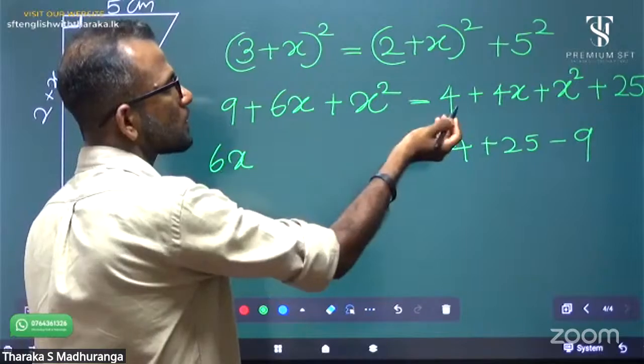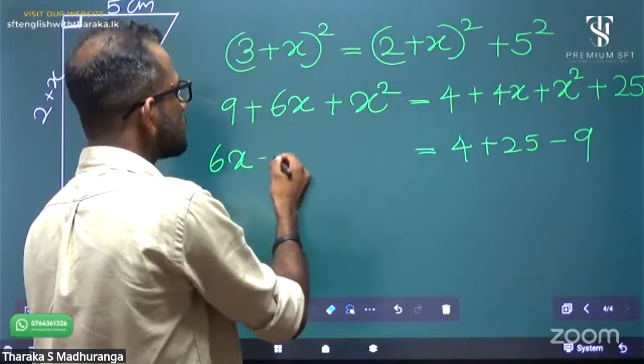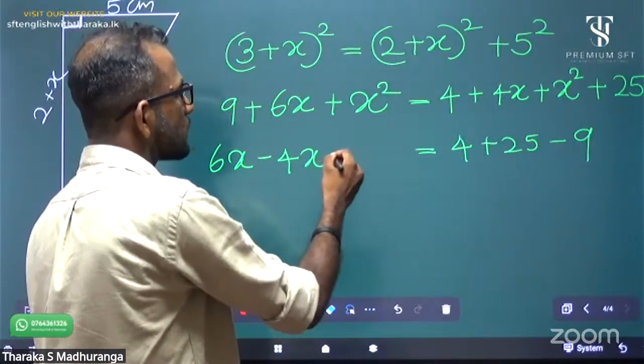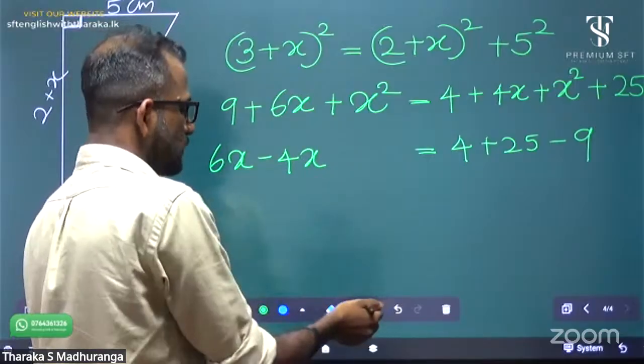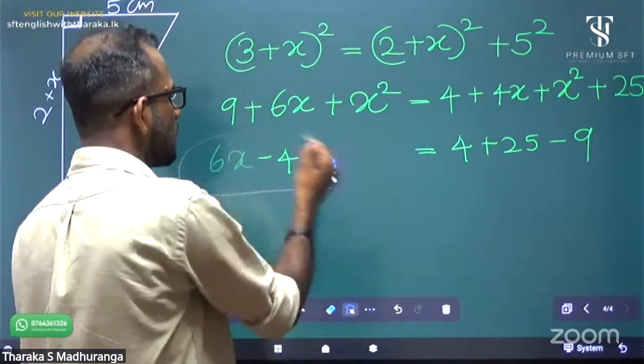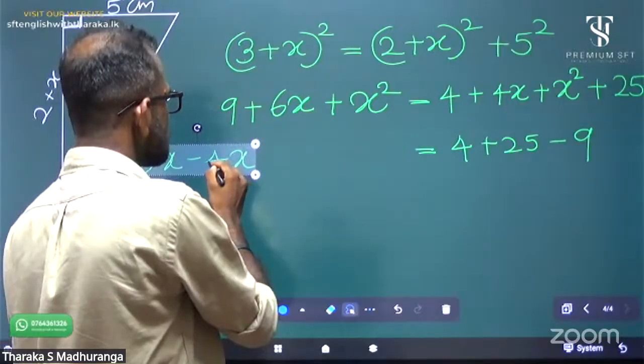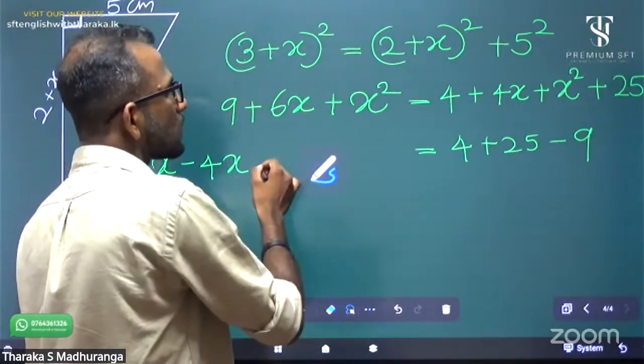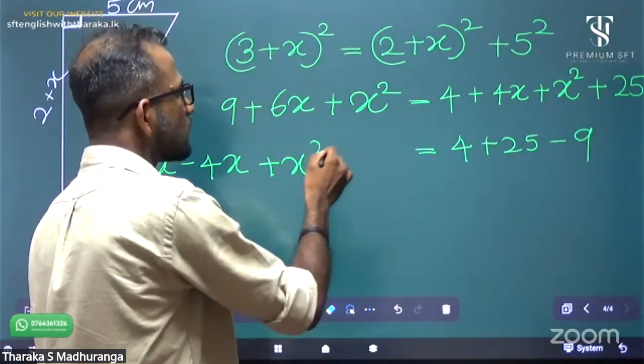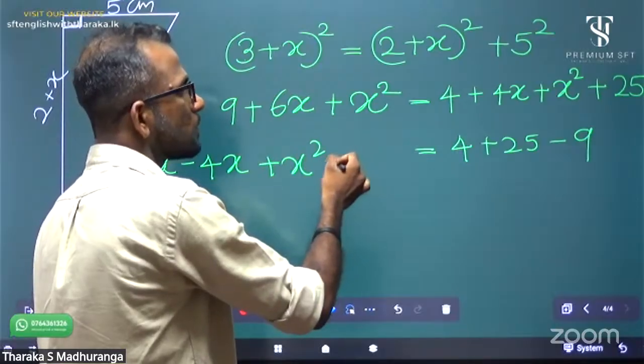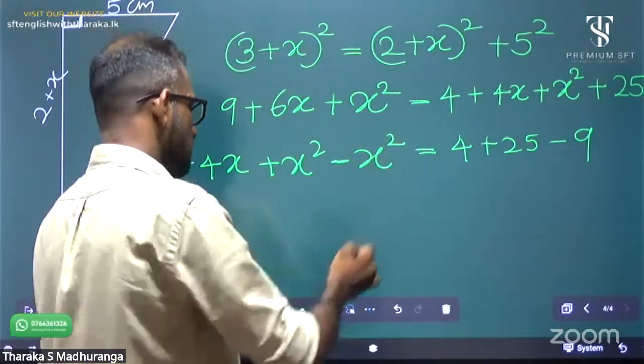Then 6x minus 4x. Plus x squared is there, minus x squared, right?